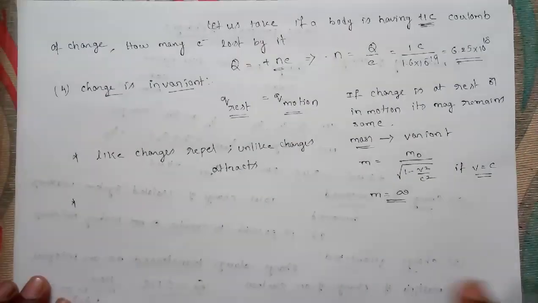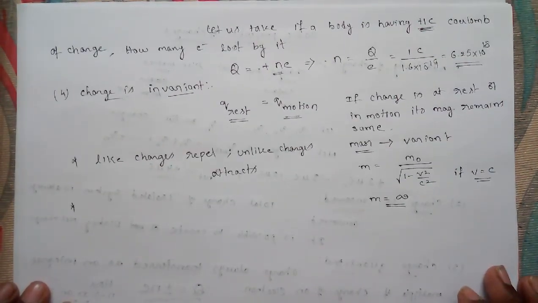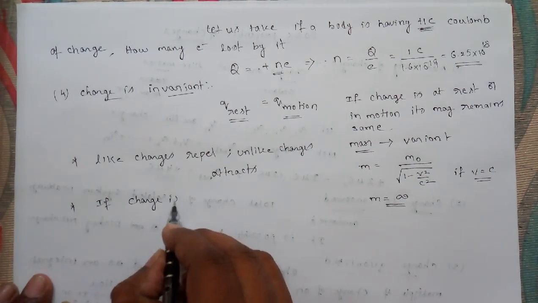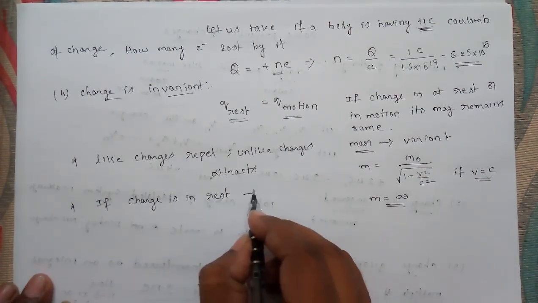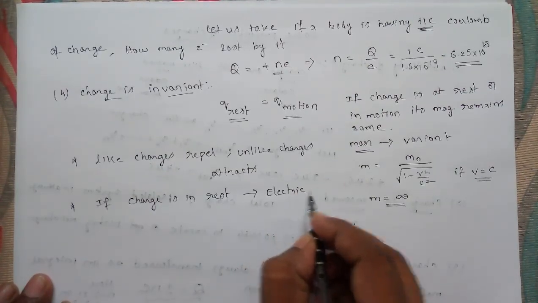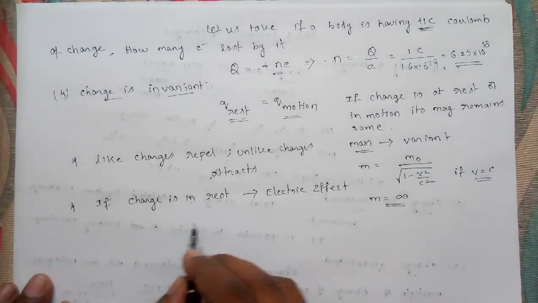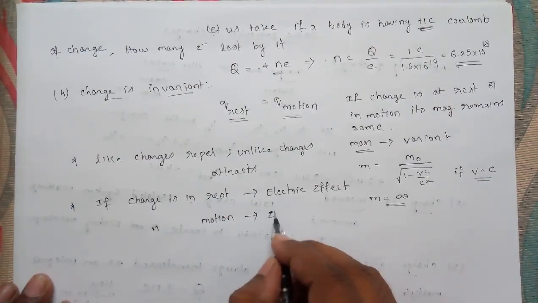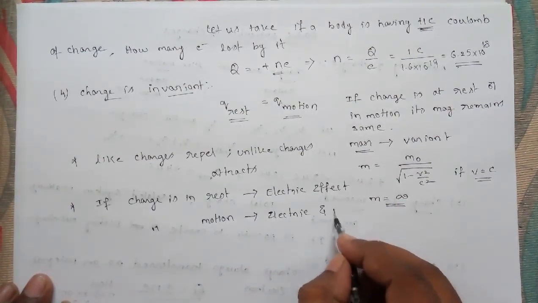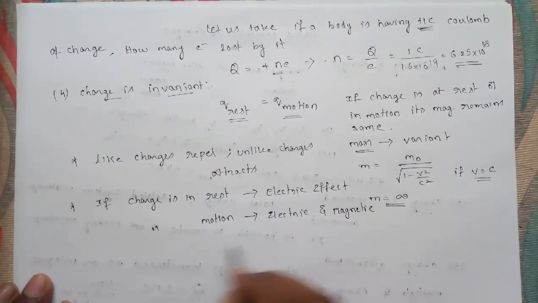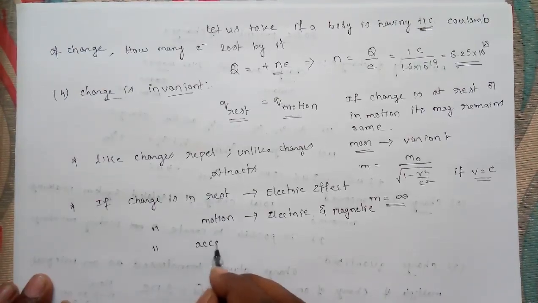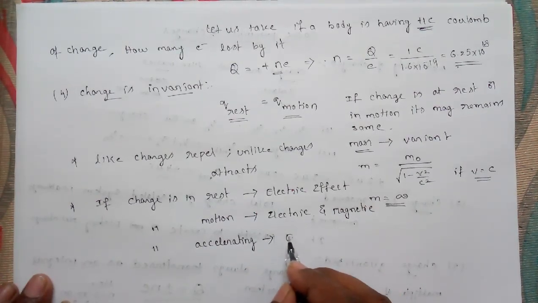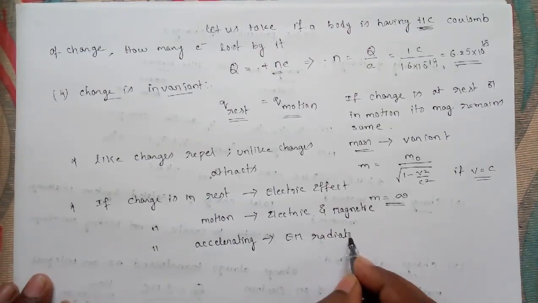And one more thing: a charge at rest exhibits only electrical effects. If the charge is in motion, it exhibits electric and magnetic effects. If the charge is accelerating, it produces electromagnetic radiation.